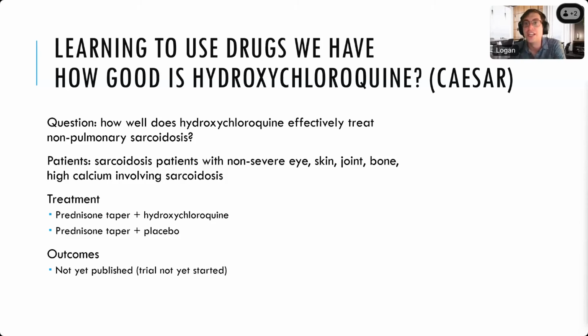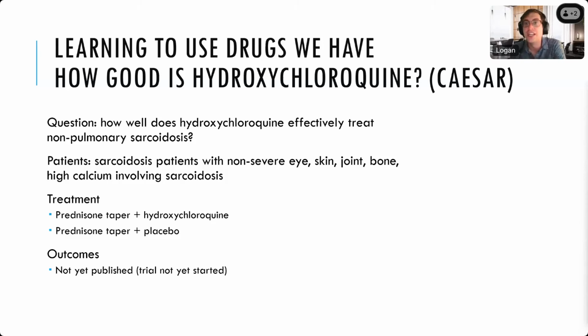This study also highlights a new trend in sarcoidosis trials that I think is very helpful. In this trial, both groups of patients will be on a prednisone taper. This is good, I think, for two different reasons.